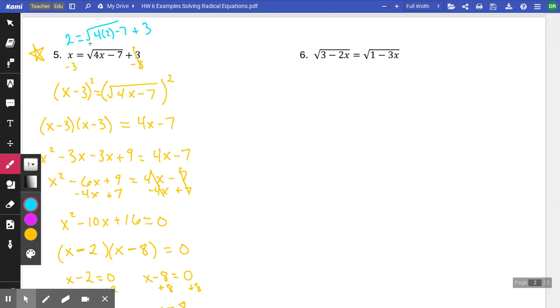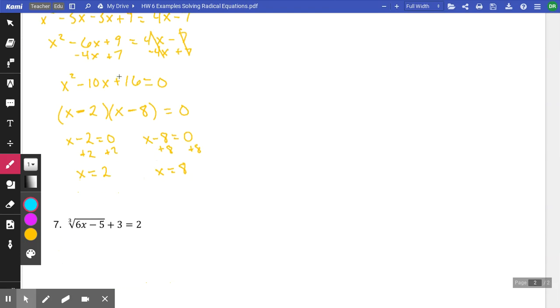And the issue here is going to be that 4 times 2 is 8, minus 7 is 1. Square root of 1 is just 1. Plus 3 is, well, 1 plus 3, that's 4, which doesn't equal 2. And so that means that this solution of 2 is not actually working with our radical equation. The right side gives us 4, and it was supposed to equal 2 in the end. So we can't use an answer of 2 in this case.